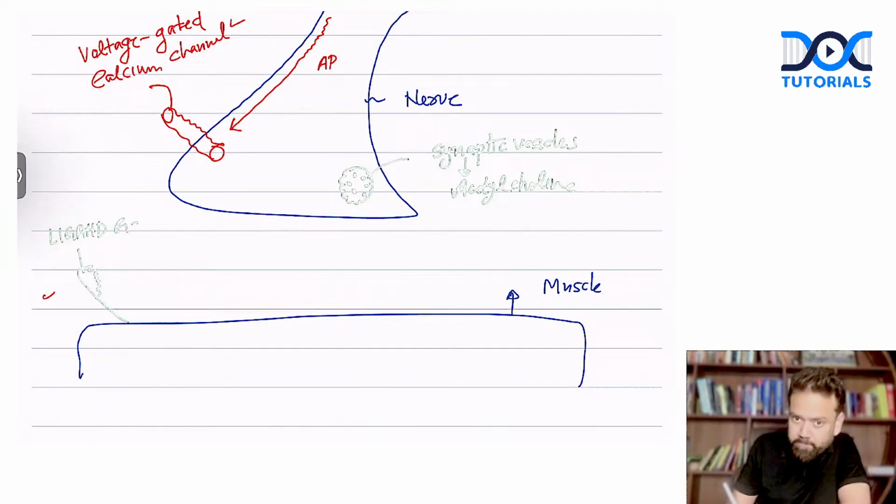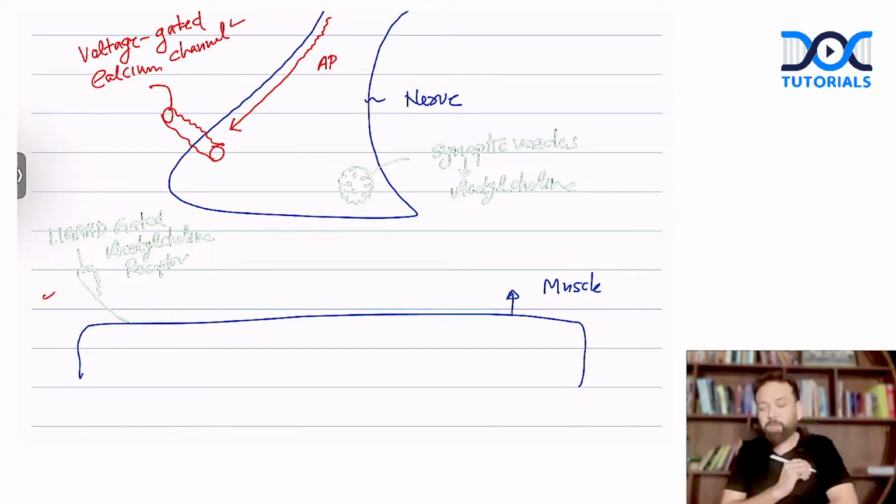Ligand gated acetylcholine receptor. Okay, so there are two receptors over here. One is the voltage gated channel, the other is ligand gated. What is the difference? Suppose you are going to a mall or an airport. As you approach the airport, the doors automatically open.